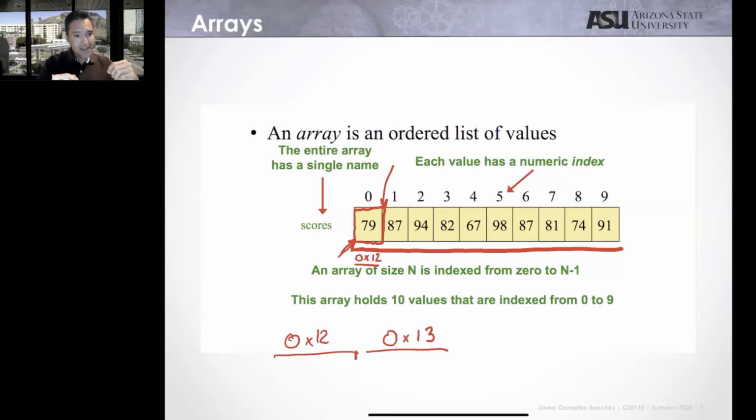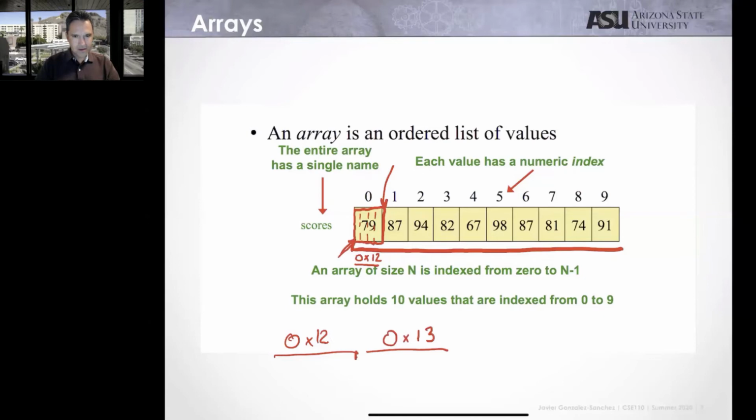Something that I need you to remember, and this is going to be important in future courses, is that even though we draw these arrays as nice boxes, you need to remember that this 79 is stored something like that. That 79 is using 4 bytes because that 79 is the first element of an array of integers, and each integer uses 4 bytes according to what we reviewed before.